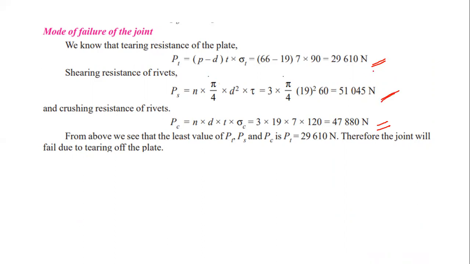So the least value is 29,610 for tearing strength. So the given joint may fail due to tearing of the plate across the row of rivets.